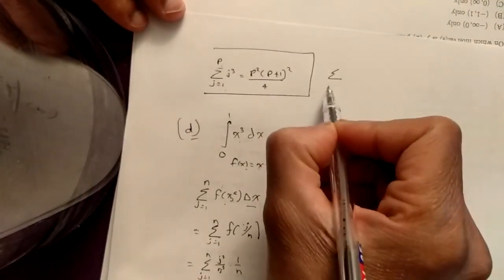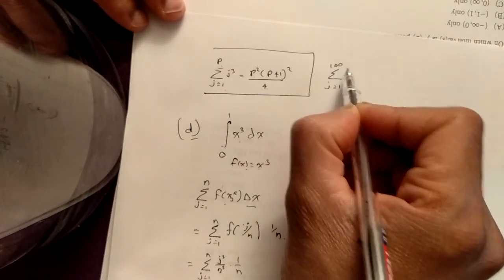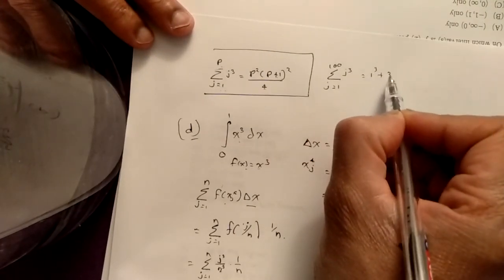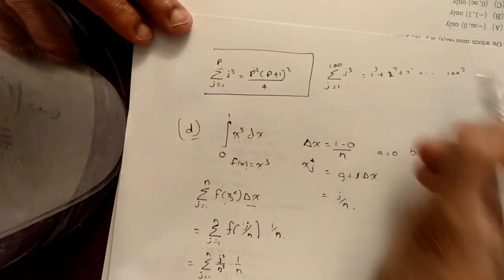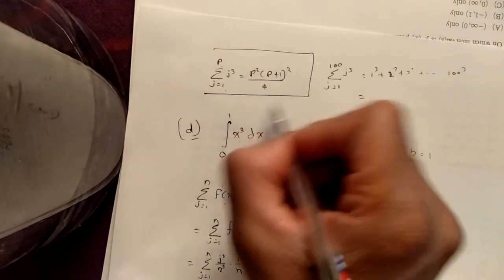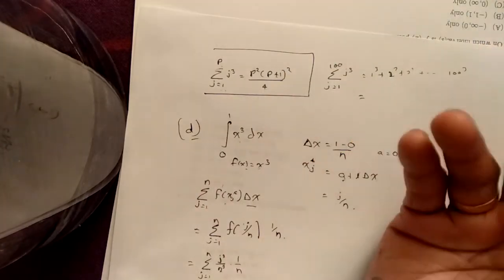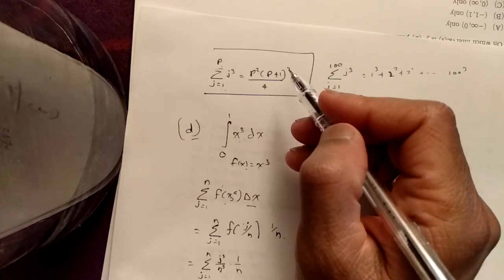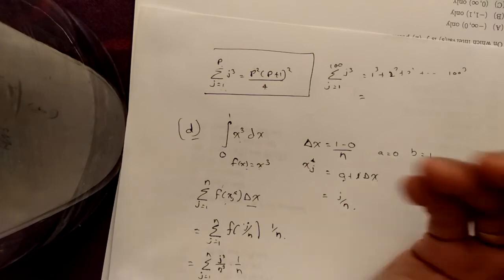Say for example, if we start from 1 and end at 100 of j cube, that means 1 cube plus 2 cube plus 3 cube up to 100 cube, the answer of this one will be given by this simple term, right? This is a standard formula found by some mathematicians, so we can directly use it and you don't have to memorize those stuffs for any exams, right?